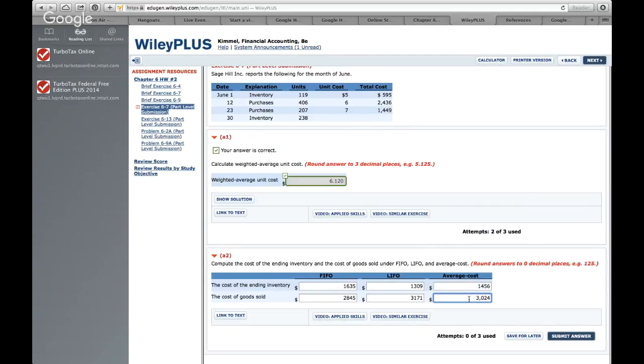Let's see, and then we have the average cost, which we multiply by the 6.120 that we got right here, the weighted average unit cost. How did I do that again?